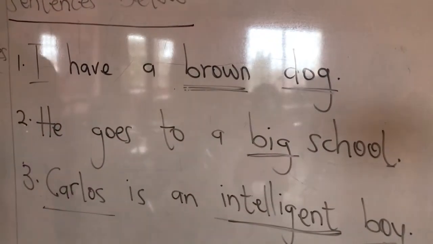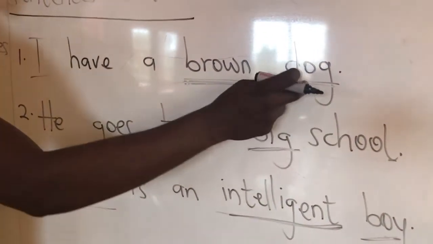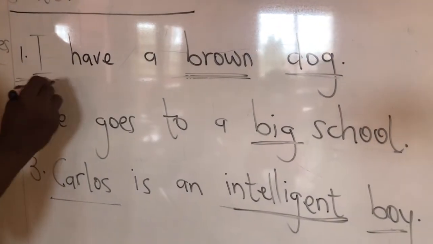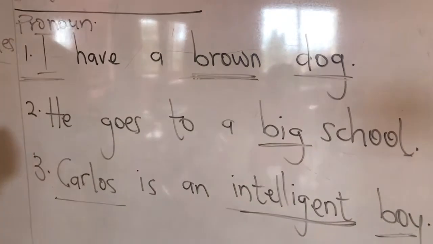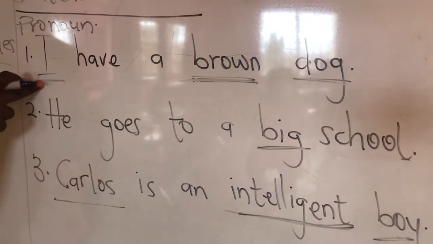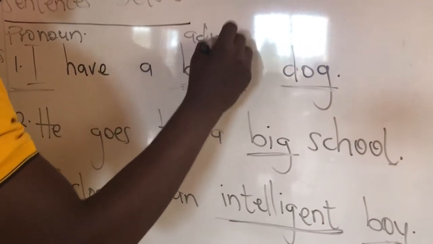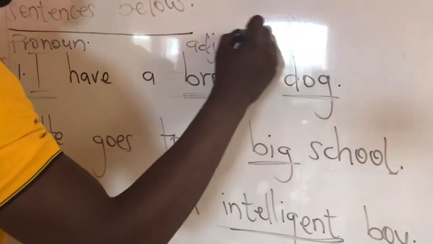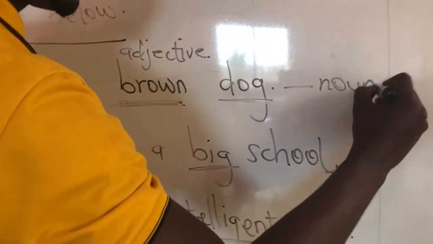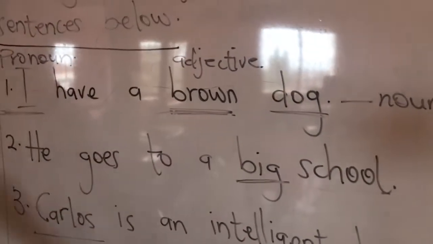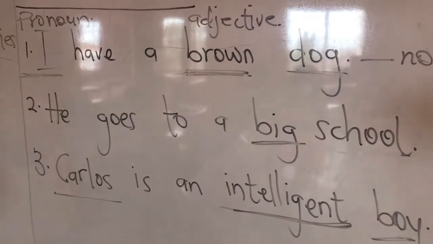And we said brown was describing the dog. Here I is the pronoun, brown is the adjective, and dog is a noun. So the adjective here is telling you how the dog looks.